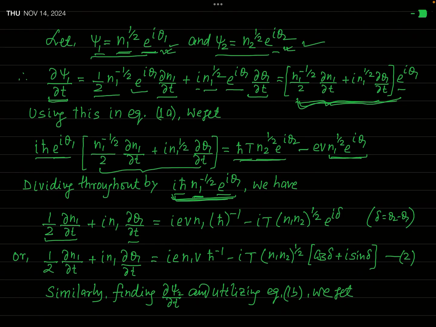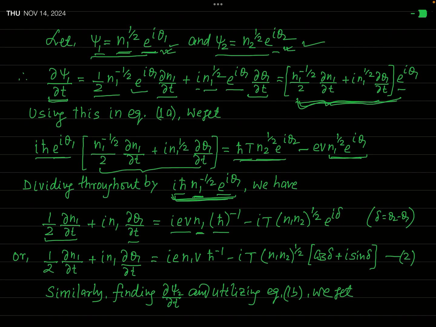So I have written the second term first: there will be i times EV times N1 ħ^(-1). Here N1^(1/2) is divided by N1^(-1/2), that will be equal to N1.